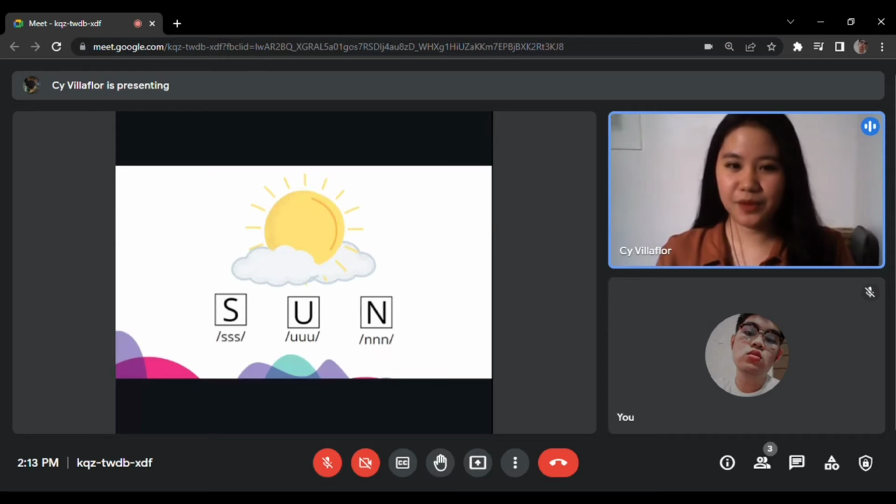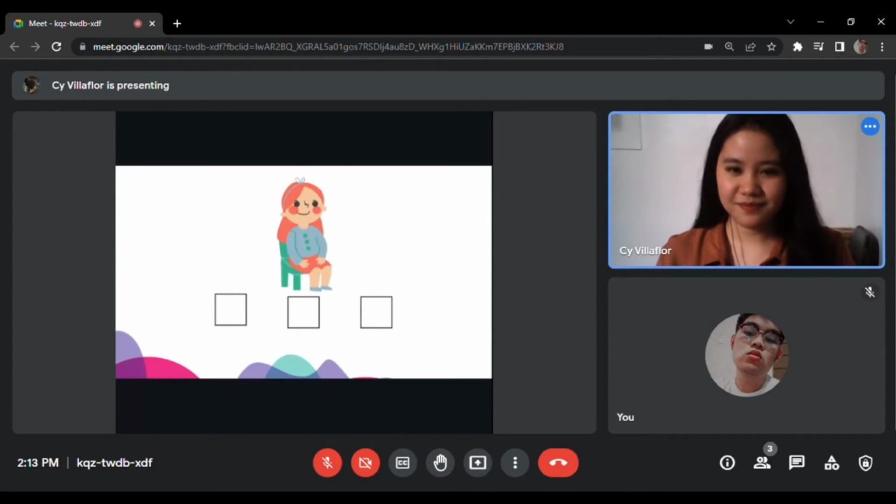Another example. Correct. It is sit. Now, what are the sounds of each letter? The first one is s, s. The second one is i, i.